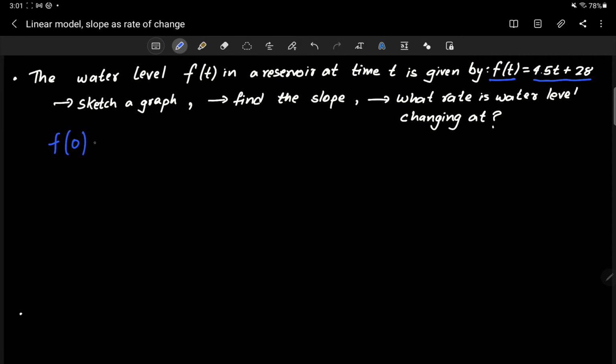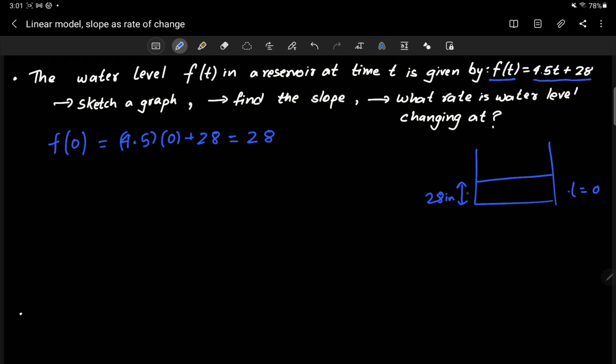First of all, when t is 0, this is 4.5 times 0 plus 28, which means it is 28. So there's some reservoir initially at t equals 0. Let's say the water level is 28 inches. Then at t equals 1, it's going to be 4.5 times 1 plus 28, which is 32.5.